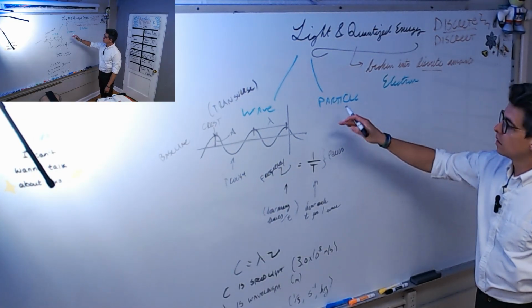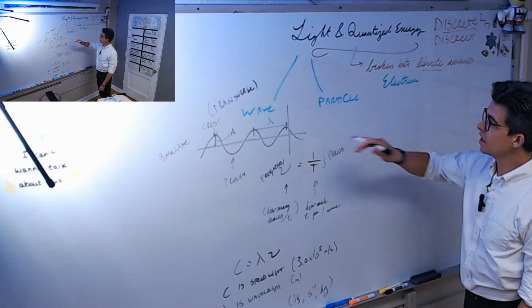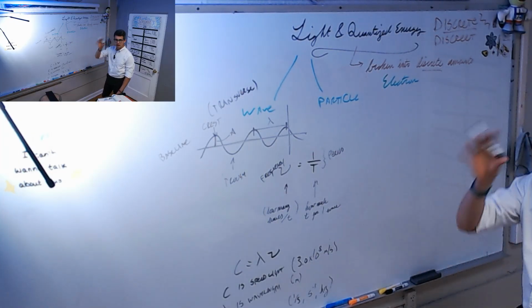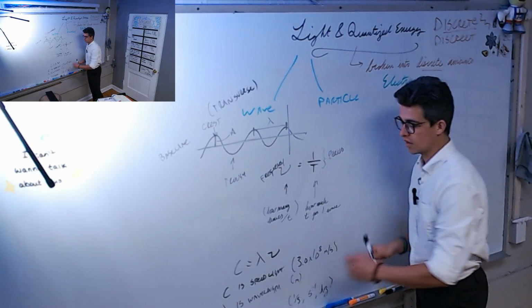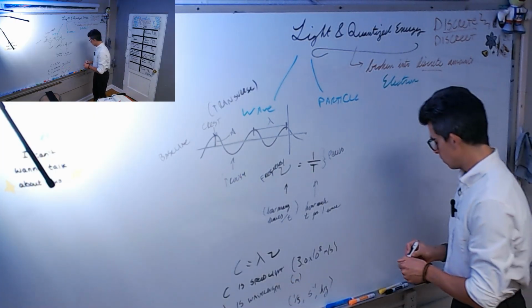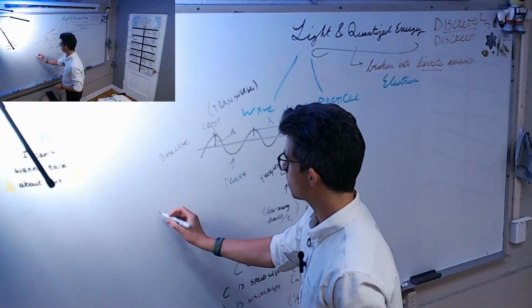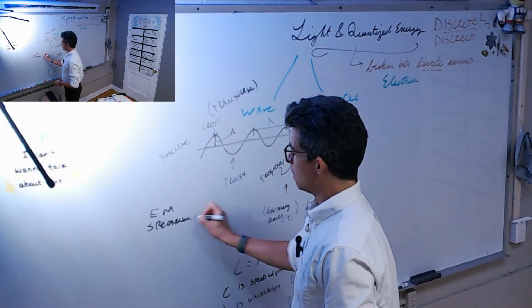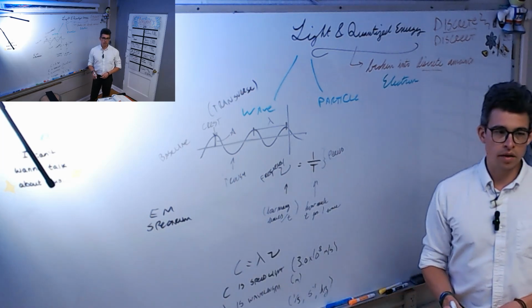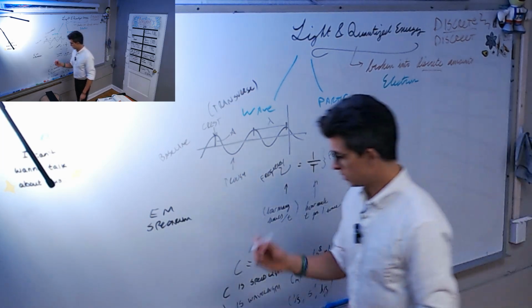The wave nature of light tells us that light is continuous. The spectrum of light depends on its wavelength and frequency. By the way, this should be reviewed too, but when we talk about the electromagnetic spectrum, this is the many different kinds of light that exist, and they exist on a spectrum.